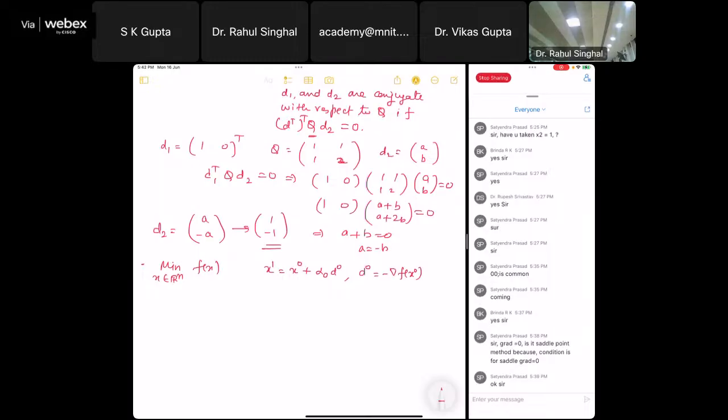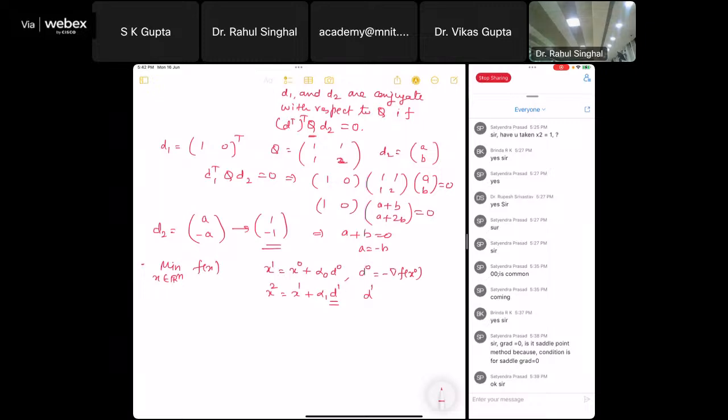The first iteration is as in the steepest descent method. In the second iteration, I take x1 plus alpha 1 d1, where d1 is chosen conjugate to d0 with respect to the Hessian matrix of f at x1.